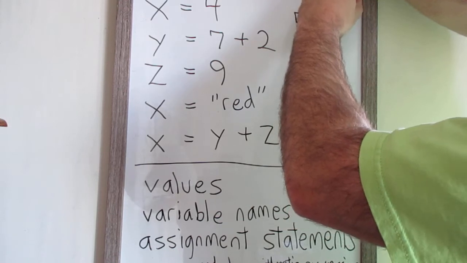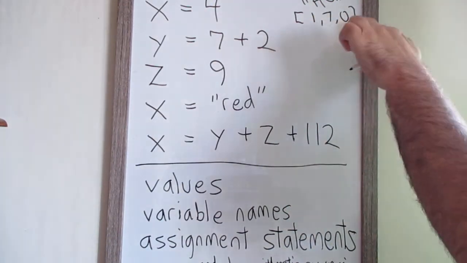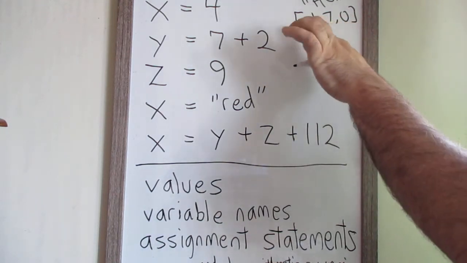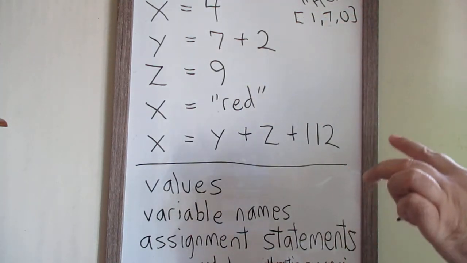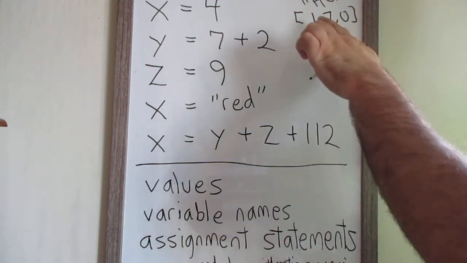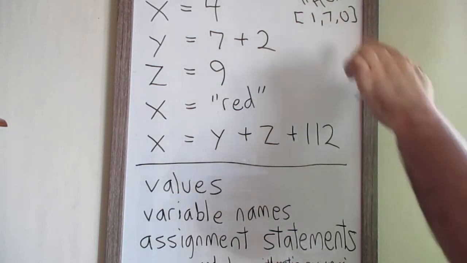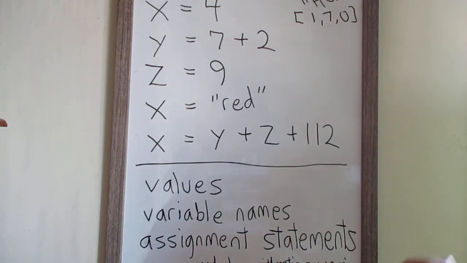For example, an array such as 1, 7, 0. This array is a single value, but this single value has inside it pointers that point to or locate 3 different values. You can think of it as a single value like a box that contains 3 values, but contains is not quite accurate.